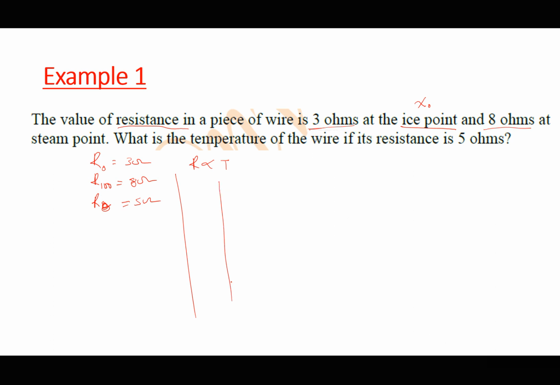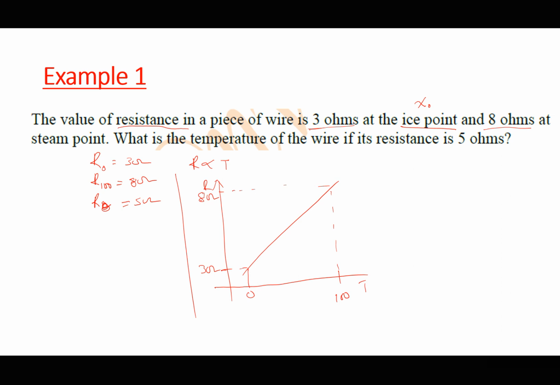I will simply sketch a straight line for clarity. It is easier to understand when I sketch a straight line rather than cramming a formula. So resistance against temperature will be a straight line. Remember, I have measured at 0 degrees Celsius, the property is 3 ohms, and then at 100 degrees Celsius, the property is giving me 8 ohms.